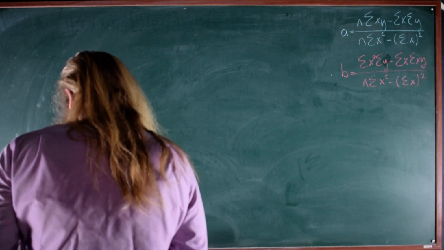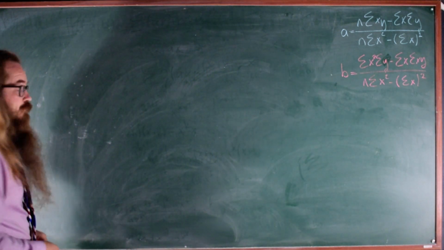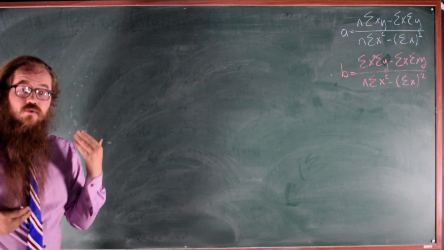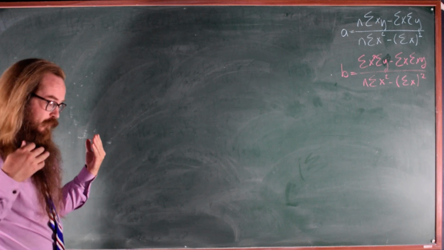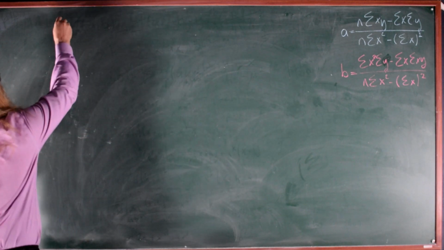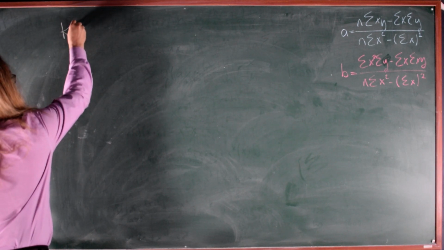Okay. The way we define the line of best fit is, of course, through minimizing the sum of the squared errors. All right. So let's define this function here.